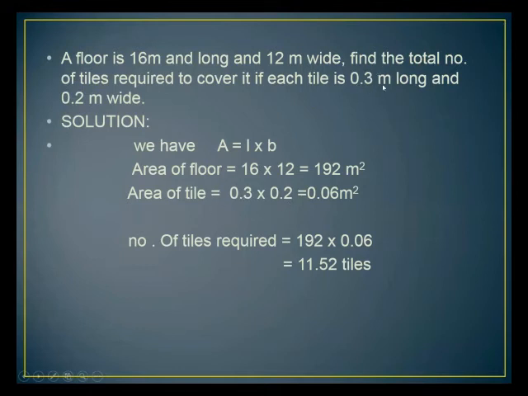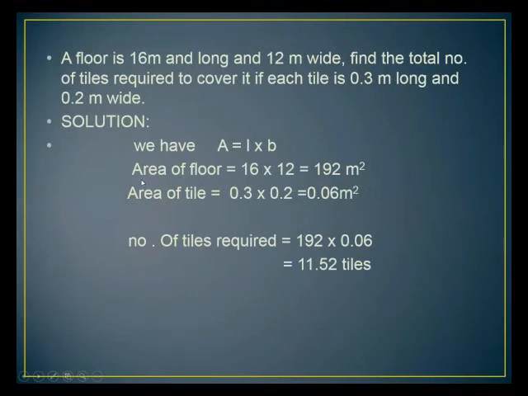Yes, it is 0.3 meter long, so it is the length, and 0.2 meter wide, it is the breadth. So we multiply 0.3 by 0.2 and the answer is 0.06 meter square. And again, why do we have a square? Because here we are multiplying two numbers where the bases are the same, so we add their exponents, and that's why we give it meter square.